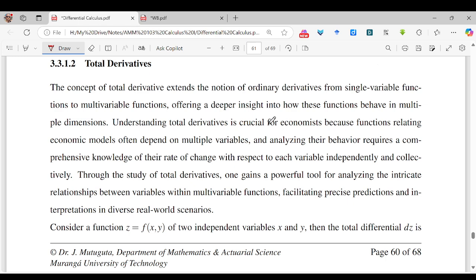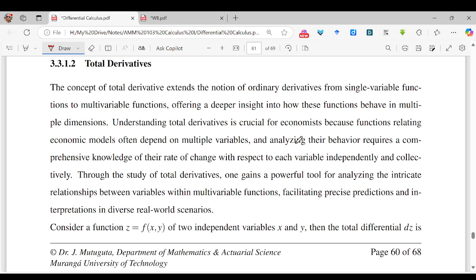So understanding total derivatives is important, especially in economics and other fields such as engineering, because some of these functions, for example in economics, relate to economic models that often depend on multiple variables, and analyzing their behavior requires a comprehensive knowledge of their rate of change with respect to each of the variables independently and collectively.